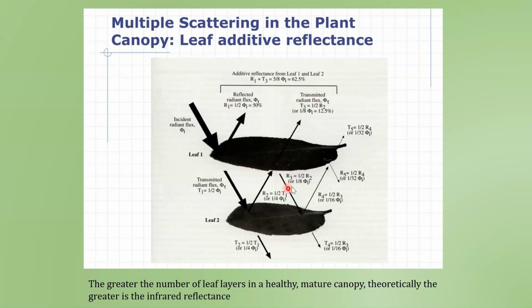So considering only this much, the additive reflection will be 50% plus 12.5%. So the overall additive reflectance from leaf 1 and leaf 2 is 62.5%.